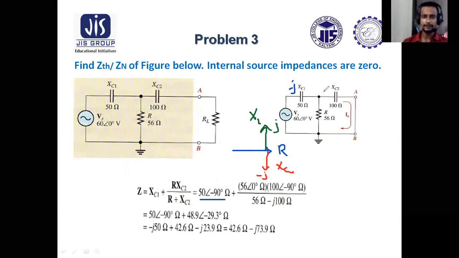So whenever there is an inductor, it would be associated with plus J. Whenever there is a capacitor, it would be associated with minus J, if it is not mentioned in the question.